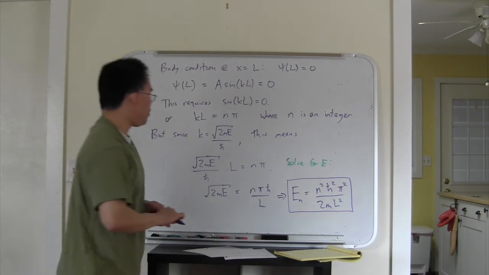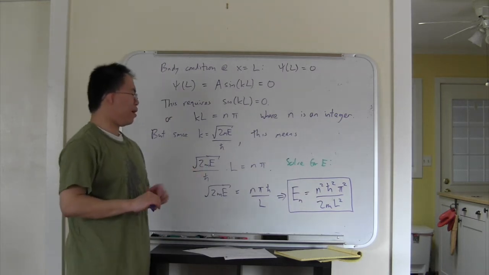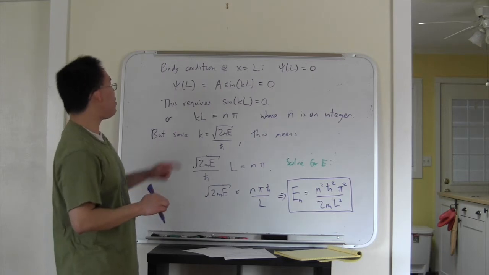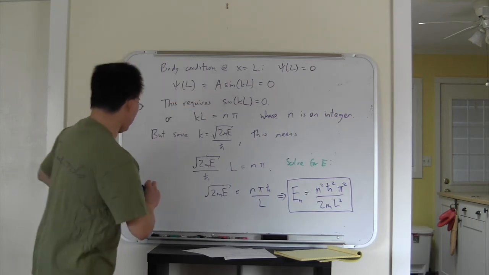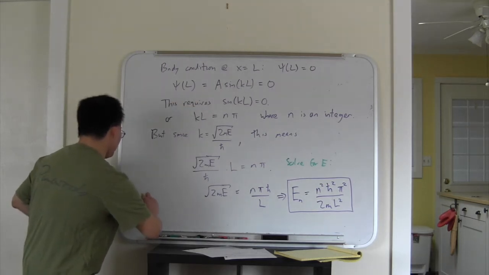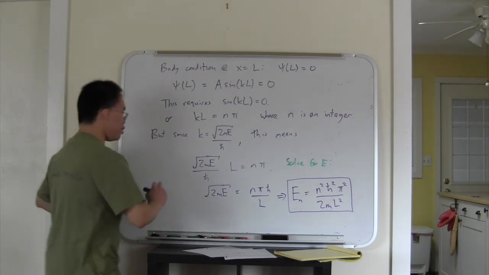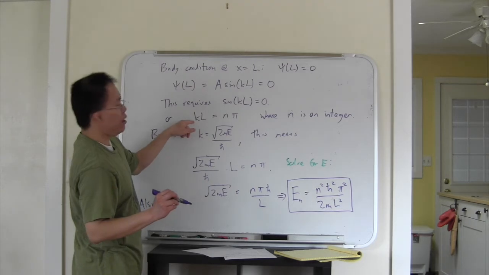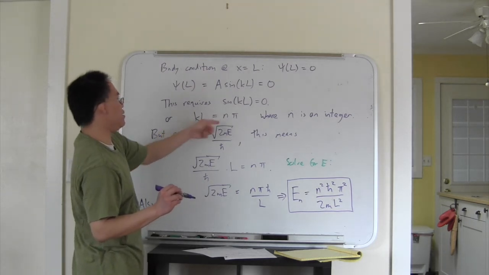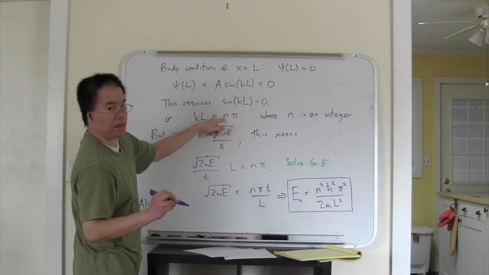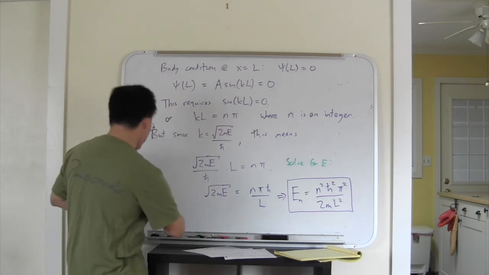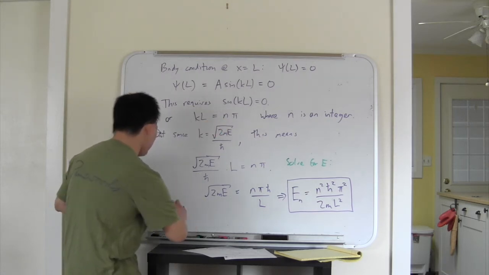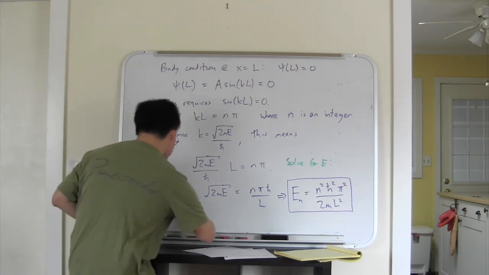Okay, so let me write down the solutions. We know as well that the allowed wave functions, which I'm also going to label by n because we know k is governed by a given value of n, so I'll label it as psi n of x, are stationary states.